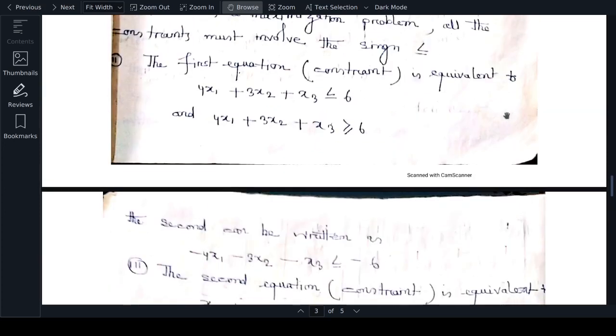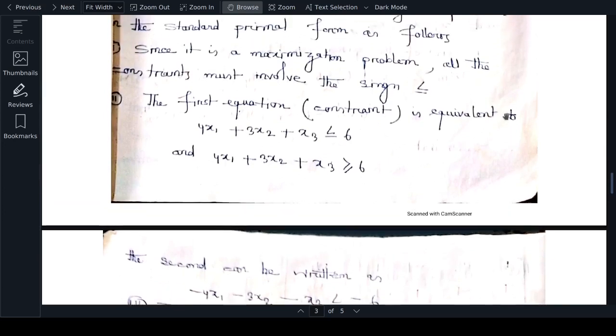Point one: since it is a maximization problem, all constraints must involve the less than or equal to sign. Point two: the first equation is equivalent to 4x1 plus 3x2 plus x3 less than or equal to 6, and 4x1 plus 3x2 plus x3 greater than or equal to 6.